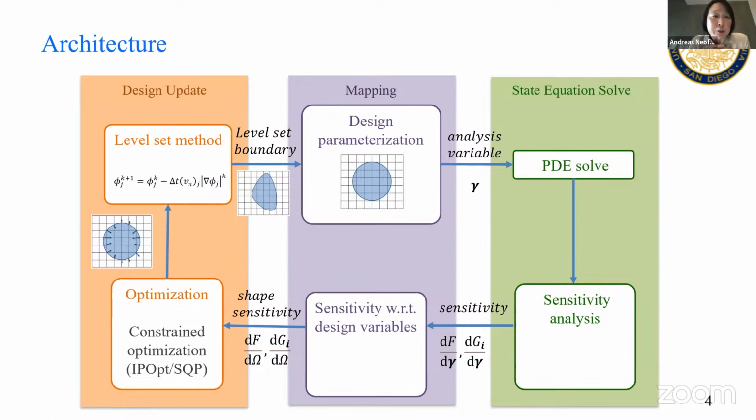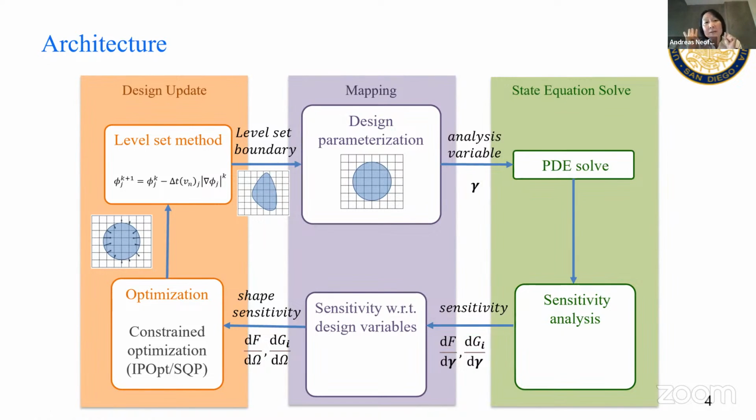We have recently implemented this new architecture, and I would say this software architecture is one of the enablers. We put together a modularization of our topology optimization. We decouple the state equation solve, which is our standard finite element mesh, from the level set grid, which is our design parameters.